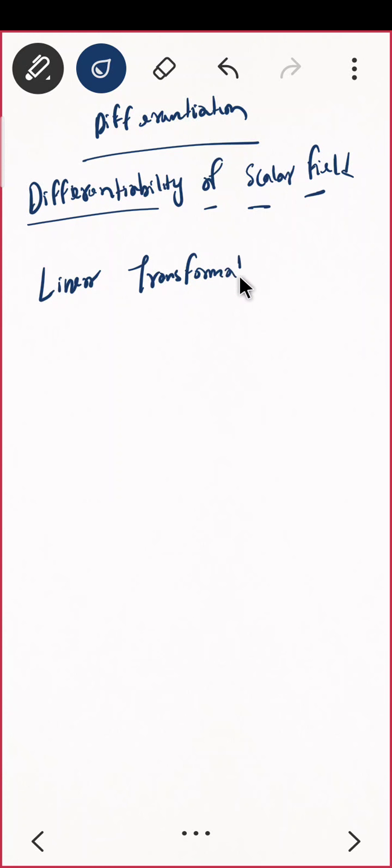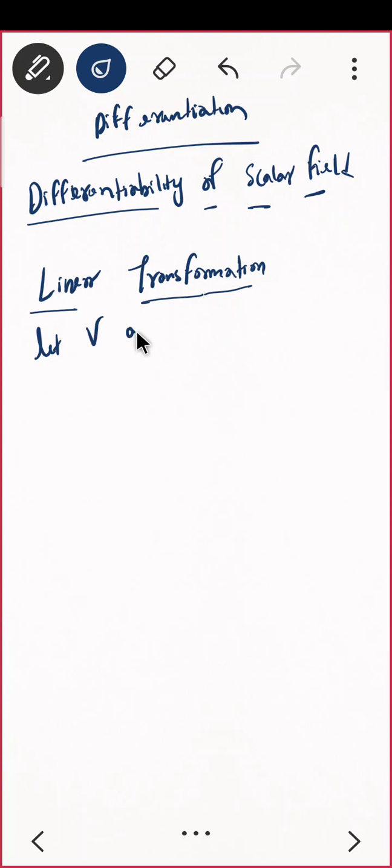Okay. So before going to differentiability of scalar field, can you quickly define what is linear transformation? Anybody? What is linear transformation? You must have seen, if it satisfies two conditions. Correct? What is that? Let me just write.